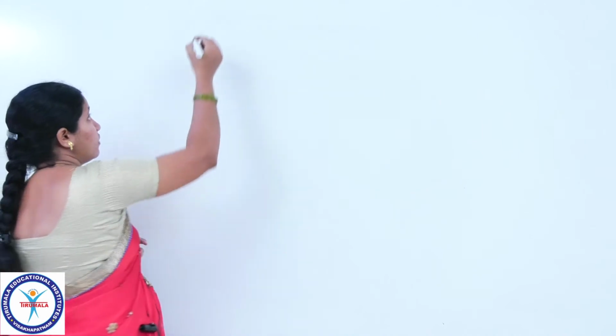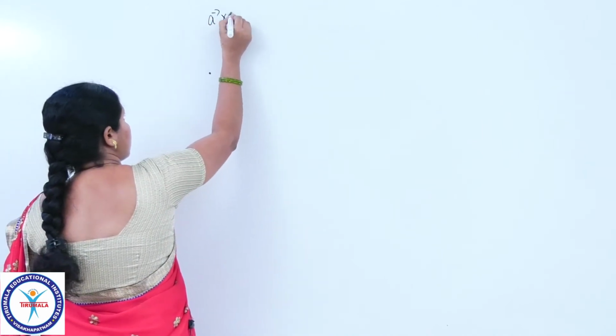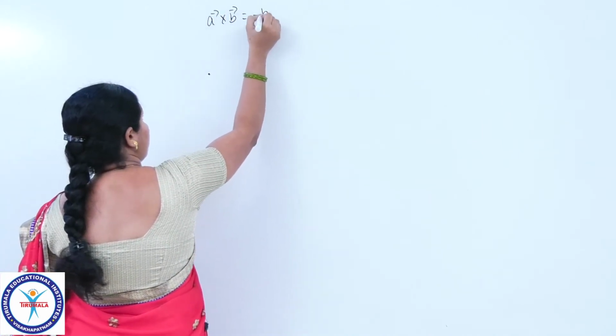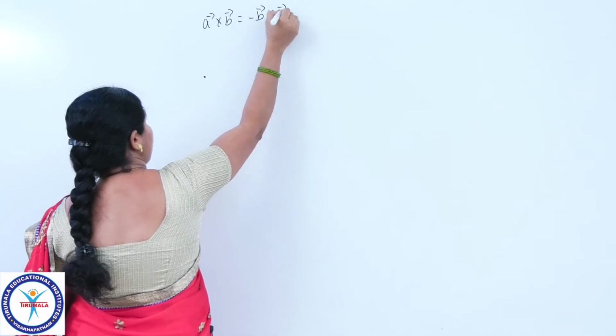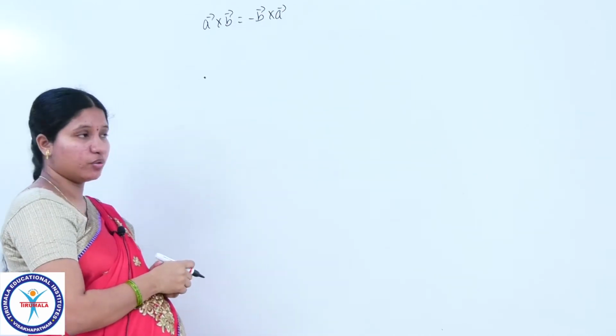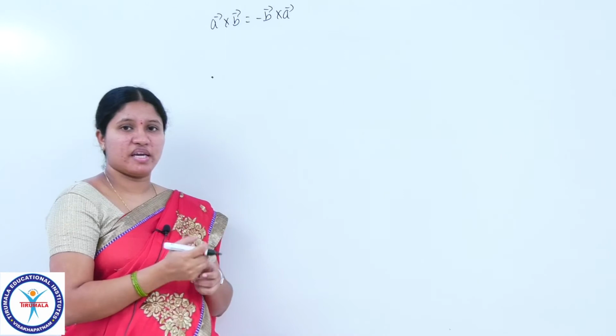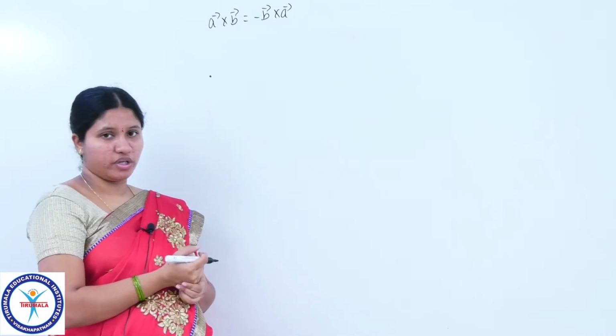So because of right hand rule, the order of vectors we are considering is very important. Why? Because the cross product does not obey commutative law. So a bar cross b bar is equal to minus b bar cross a bar. Hence it is non-commutative. The order of the vectors we are considering is very important.